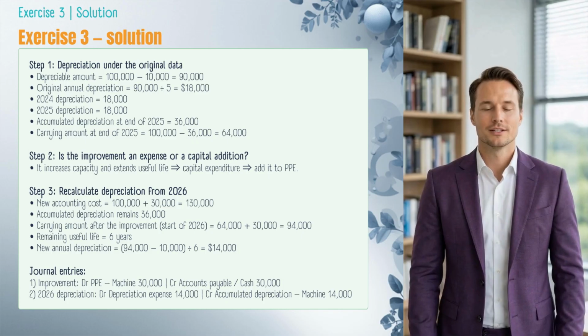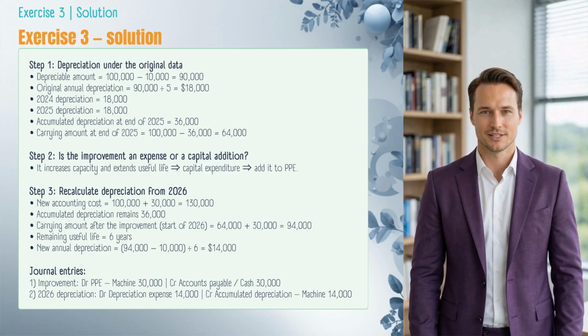Under the original data, we first calculate the depreciable amount and then the annual depreciation. After 2 years, we determine accumulated depreciation and the carrying amount at the end of that period. Next, we evaluate the improvement. Because it increases capacity and extends useful life, it is a capital expenditure, not a period expense.